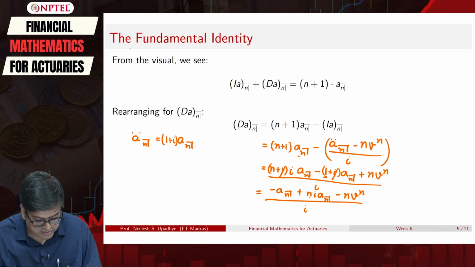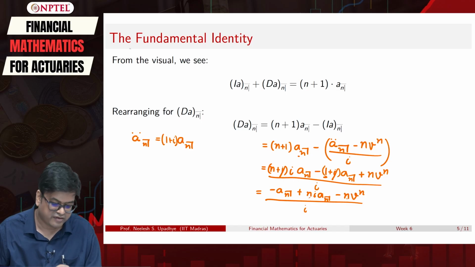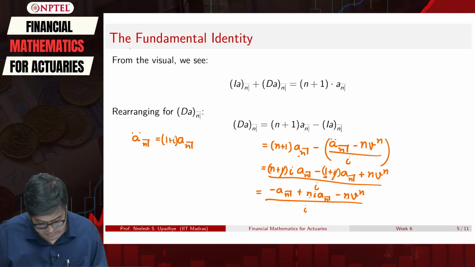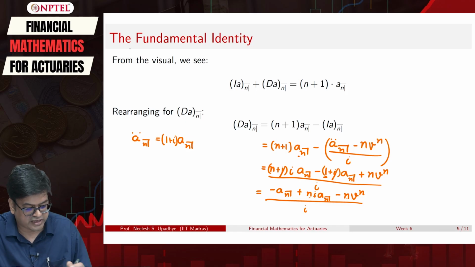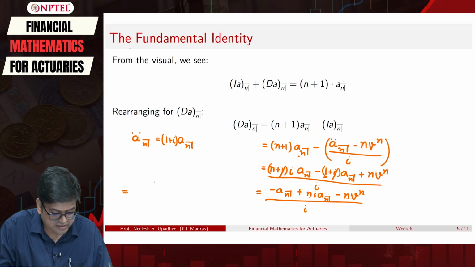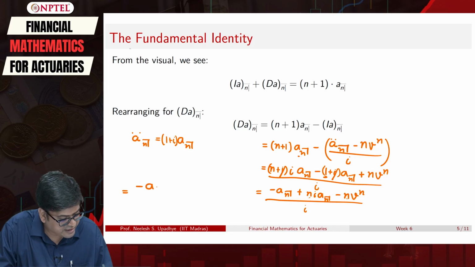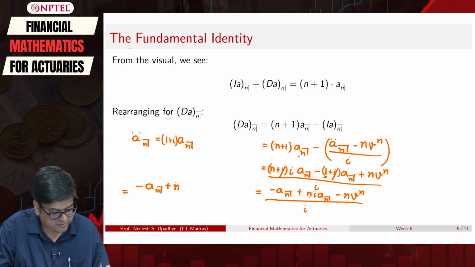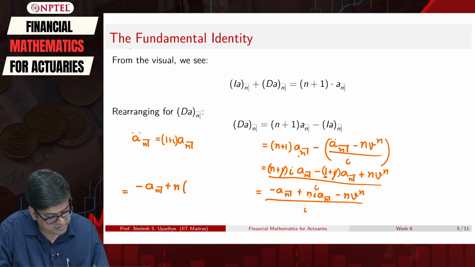So in these two terms I can see that this n factor is common. So I will just take away that n factor and, for convenience, I will write it here. So this minus A angle n is retained as it is. I have taken a factor of n as a common factor. Then I have I A angle n minus n, minus v raised to n.